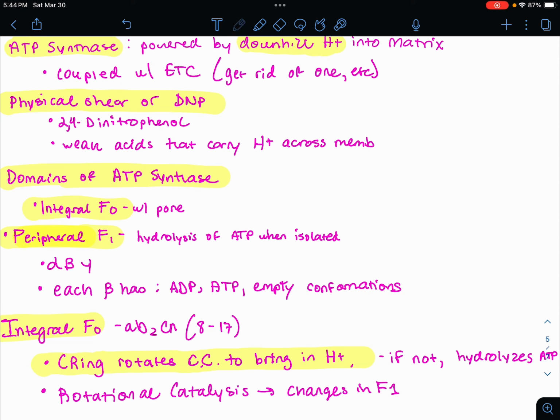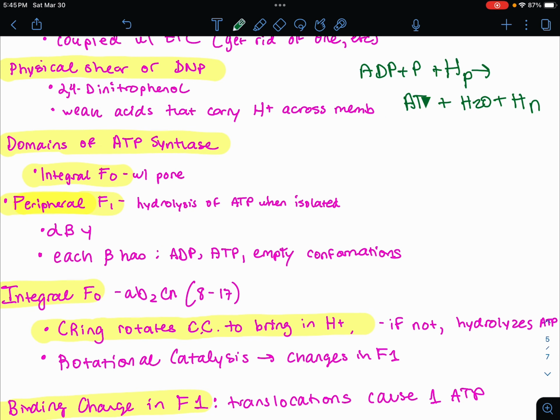The overall reaction will be ADP plus P plus hydrogens on the positive side, and it's going to be ATP plus H2O plus hydrogens on the negative side. That's going to be the overall reaction.